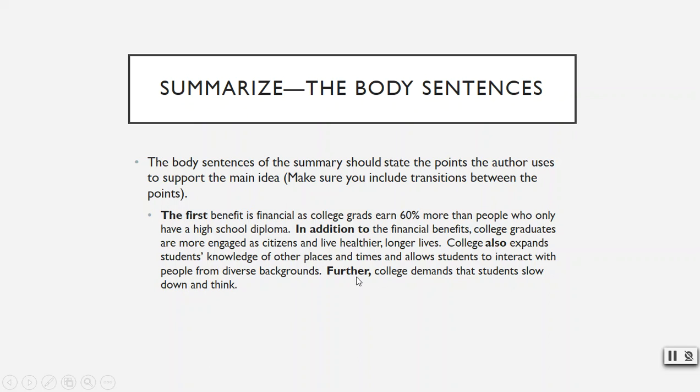in bold. So you can clearly see how Drew Faust supports the claim that college benefits students. So we have the first benefit is financial, as college grads earn 60% more than people who only have a high school diploma. In addition to the financial benefits, college graduates are more engaged as citizens and live healthier, longer lives.